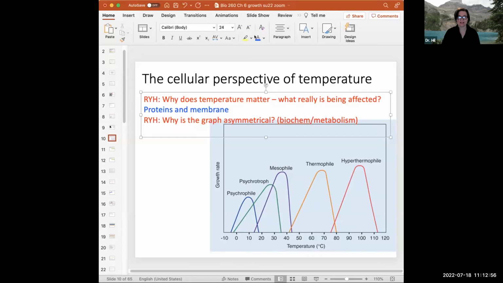Why is that the case? What's happening in the too high heat situation that's different from what's happening at the low temperature situation? Go ahead and raise your hand if you have an answer to that question.